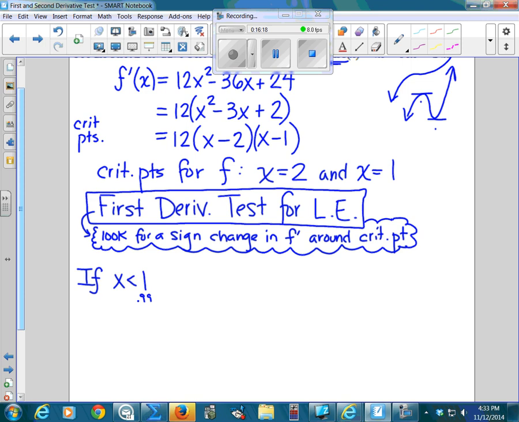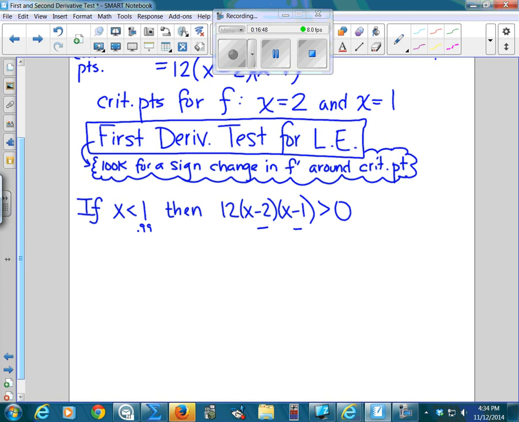We say if x is just less than 1, then we see the x minus 1 will be negative, and x minus 2 will also be negative. So we can say then that product is positive. Pretty obvious to the reader. If x is greater than 1, then this product, we know what it's going to be, but we'll show it anyway.